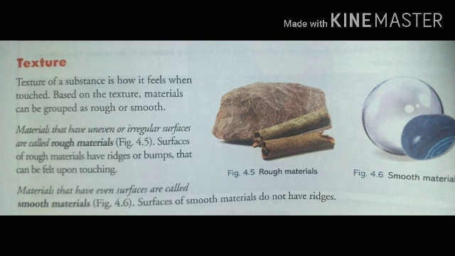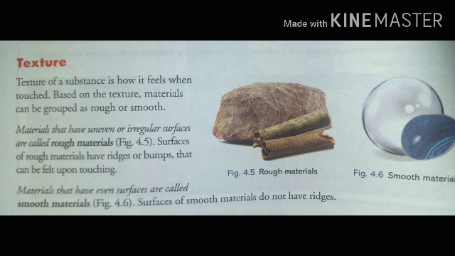Next property is texture. Texture of a substance is how it feels when touched. When we touch anything, what is the feeling of that object? Based on the texture, materials can be grouped as rough or smooth. Rough materials have uneven or irregular surfaces.